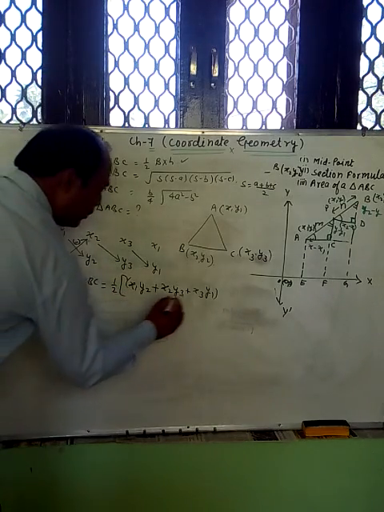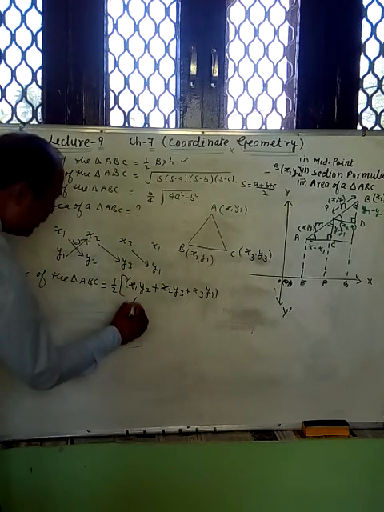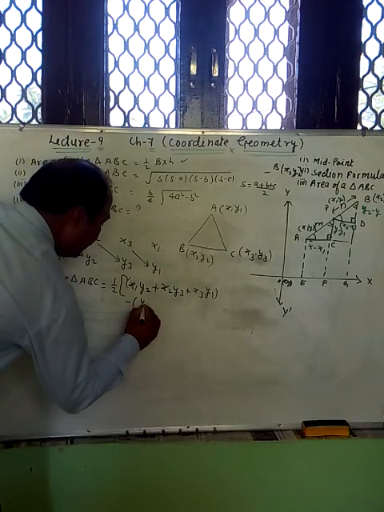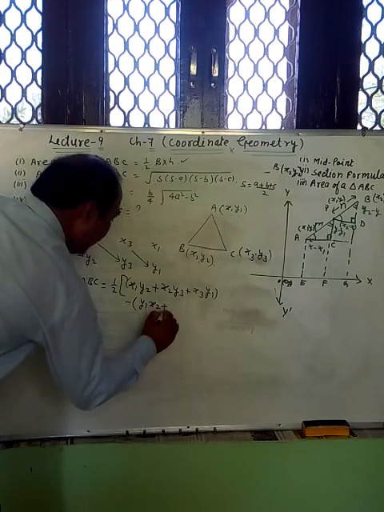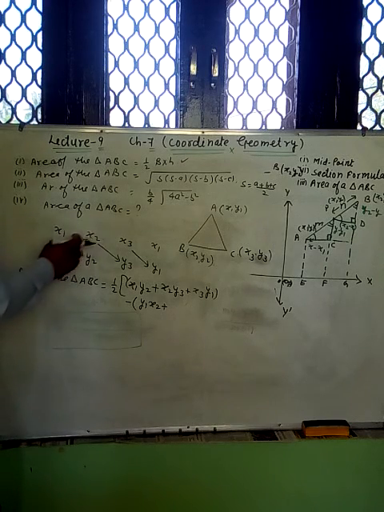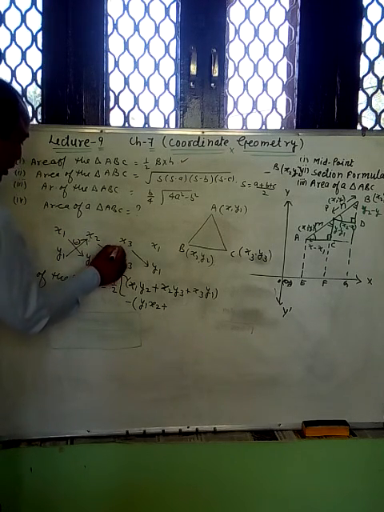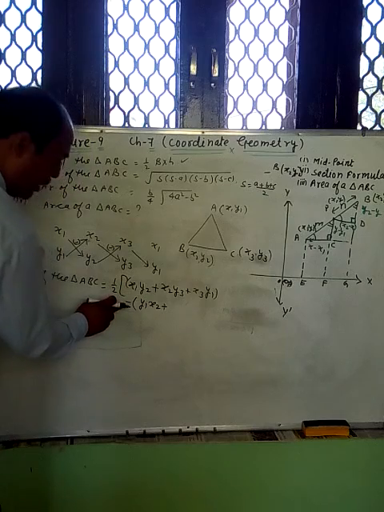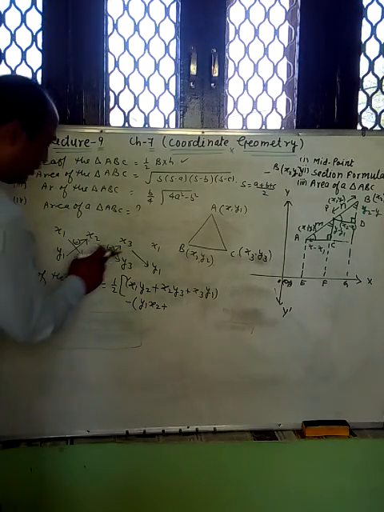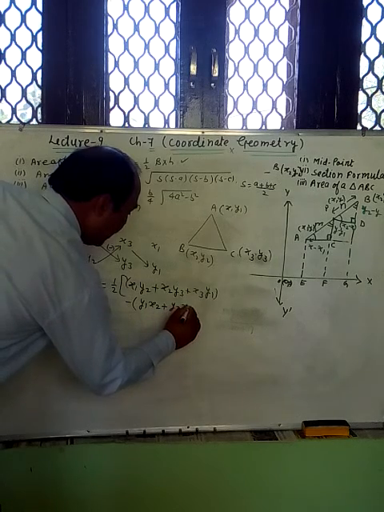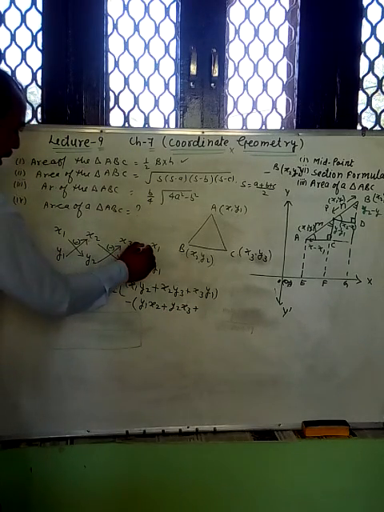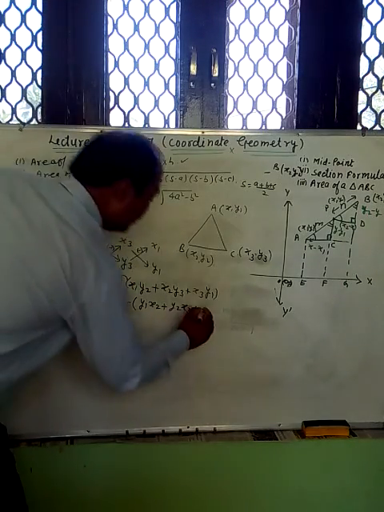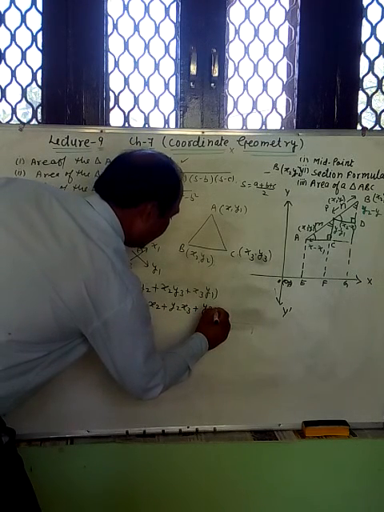So we write minus, then y1 x2 in bracket, plus y2 x3, plus y3 x1, because the minus outside the bracket is reflected on each term.